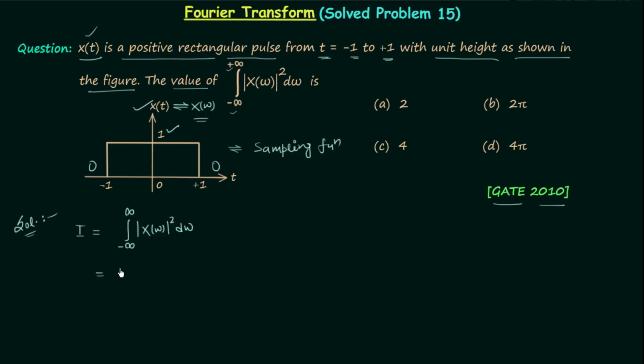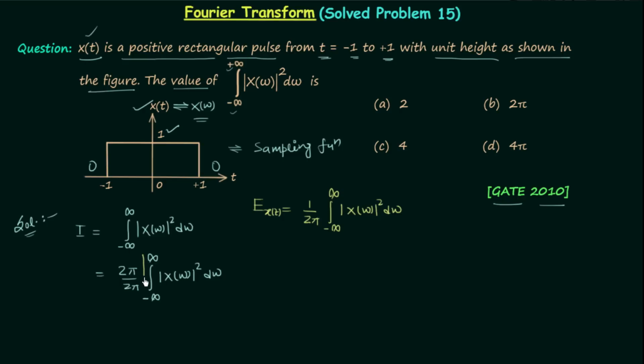I will multiply 2 pi in numerator and 2 pi in denominator on the right hand side. So we have 2 pi divided by 2 pi integration -infinity to infinity |X(omega)|^2 d omega, and we know 1 over 2 pi integration -infinity to infinity |X(omega)|^2 d omega is equal to the total energy of signal x(t).